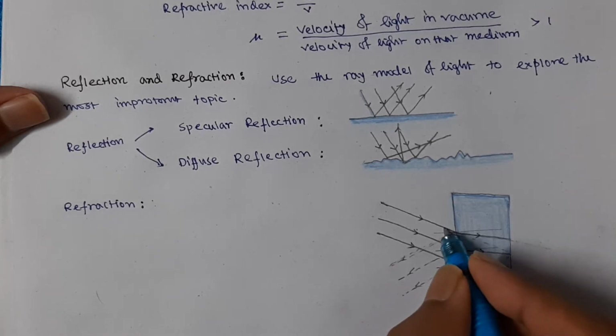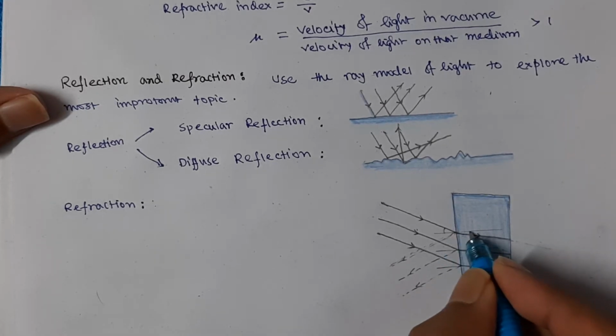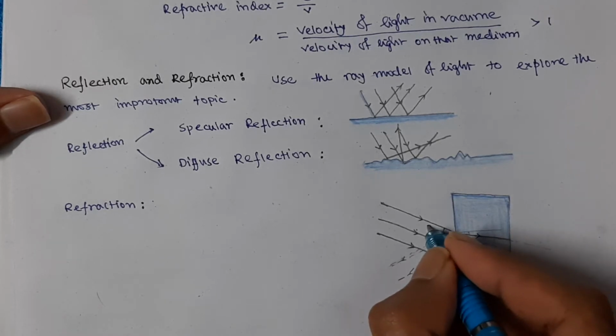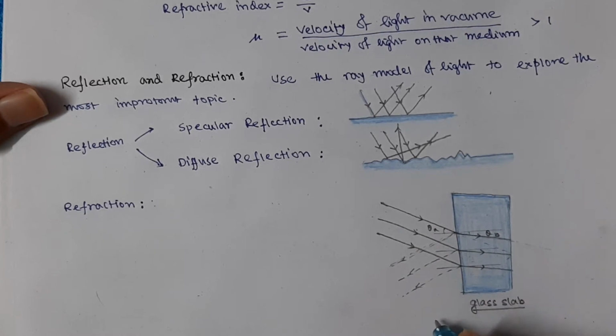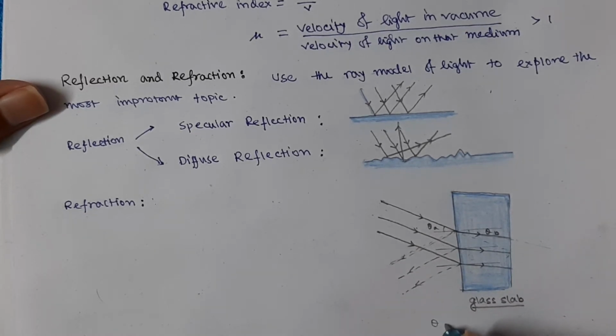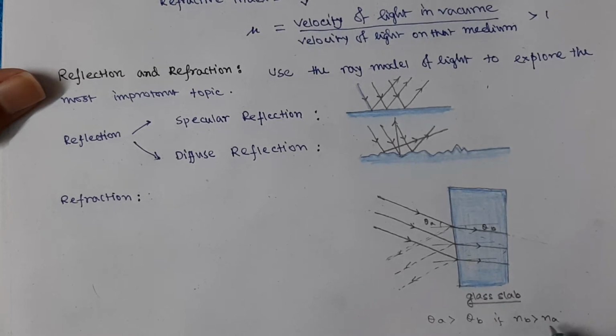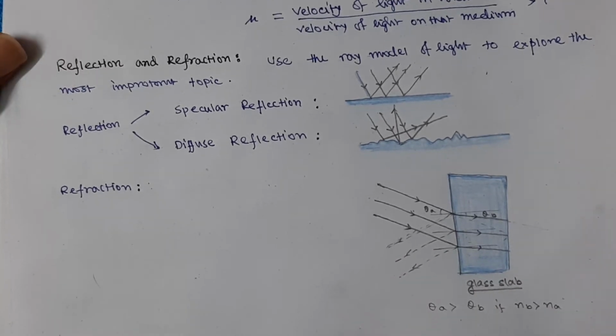So we can see the angle here is less. It is theta A, theta B. We can easily notice that theta A is greater than theta B if NB is greater than NA, where N is the refractive index of the medium.